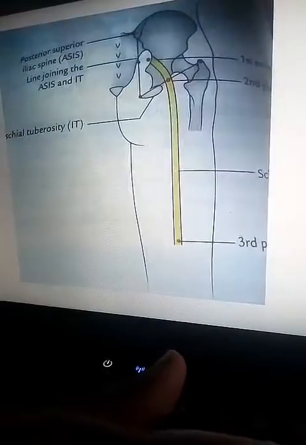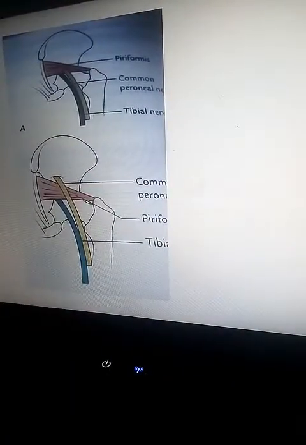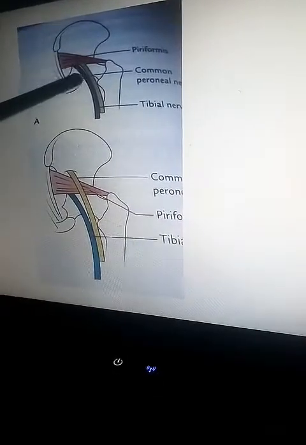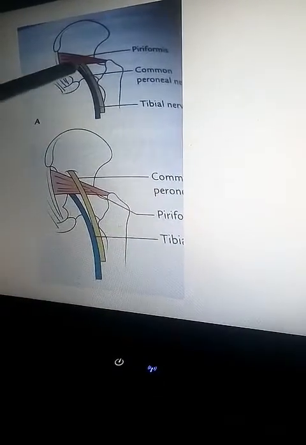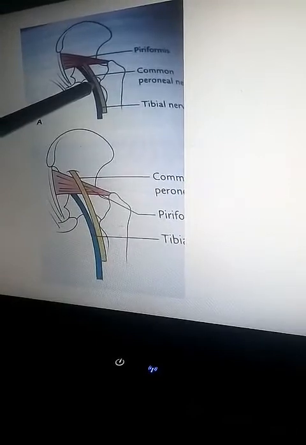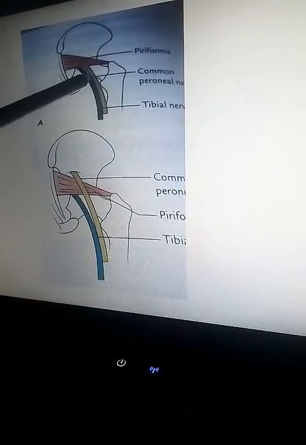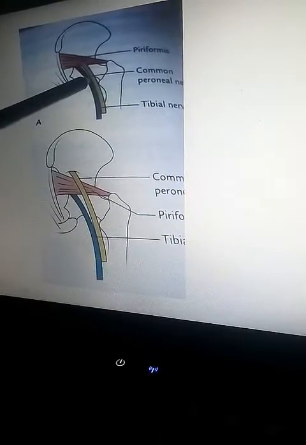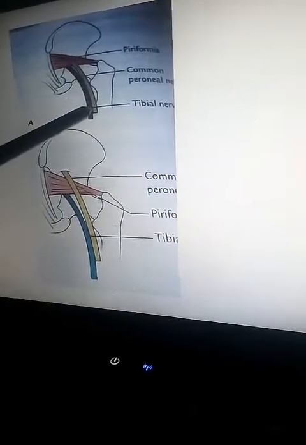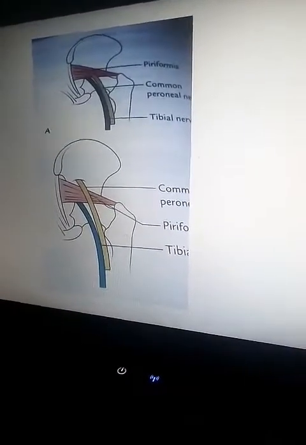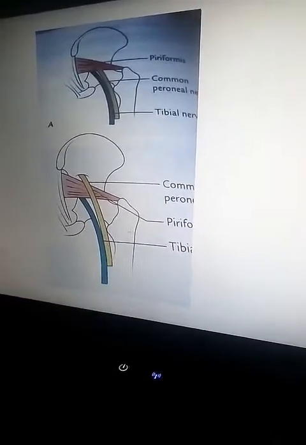In the pelvis, it lies in front of the piriformis muscle under cover of its fascia. It enters the gluteal region through the greater sciatic foramen below the piriformis. It turns downwards with a slight lateral convexity and passes between the ischial tuberosity and greater trochanter.